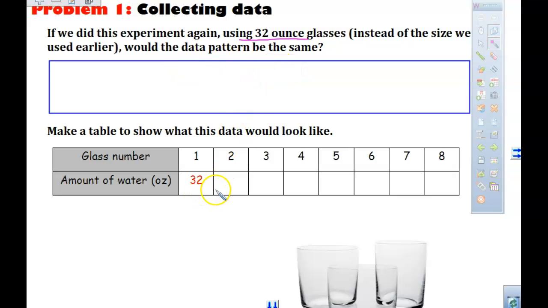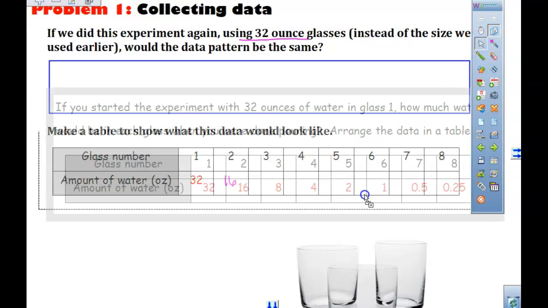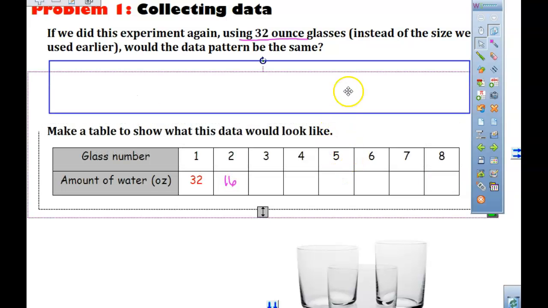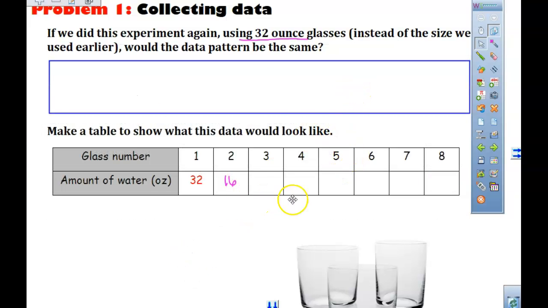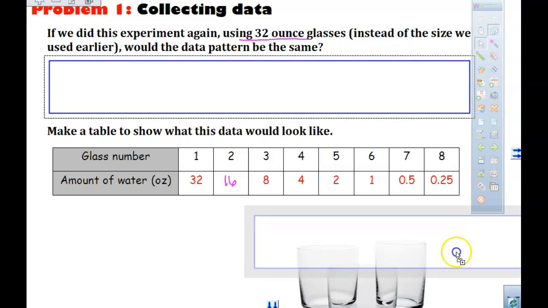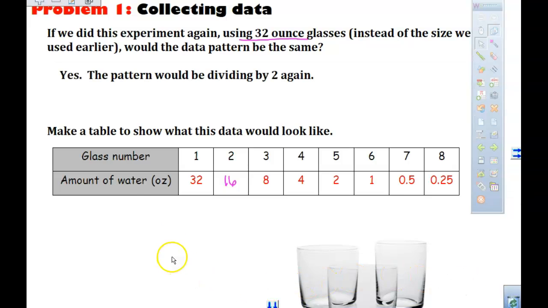We would start at 32, the next one would be 16, and as we continue that pattern, we're going to have 8 and then 4, and we're going to continue with 2 and then 1. It keeps getting smaller, a half and then 0.5. So again, we are dividing by 2.